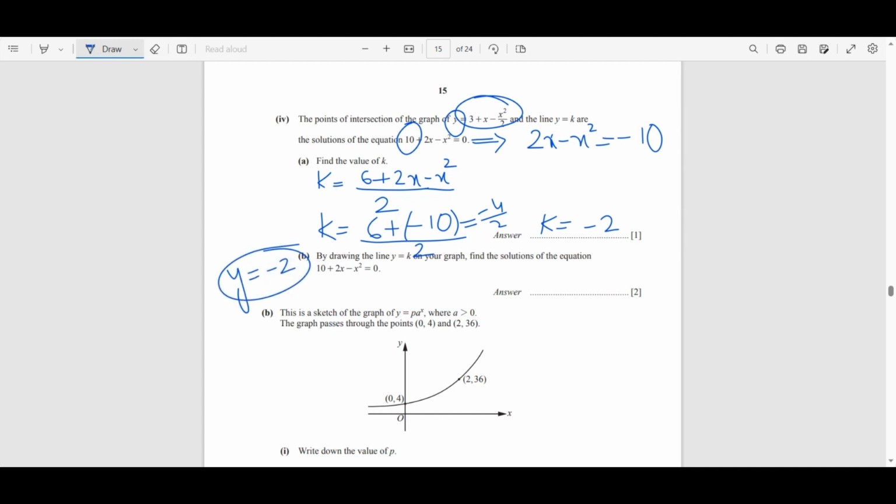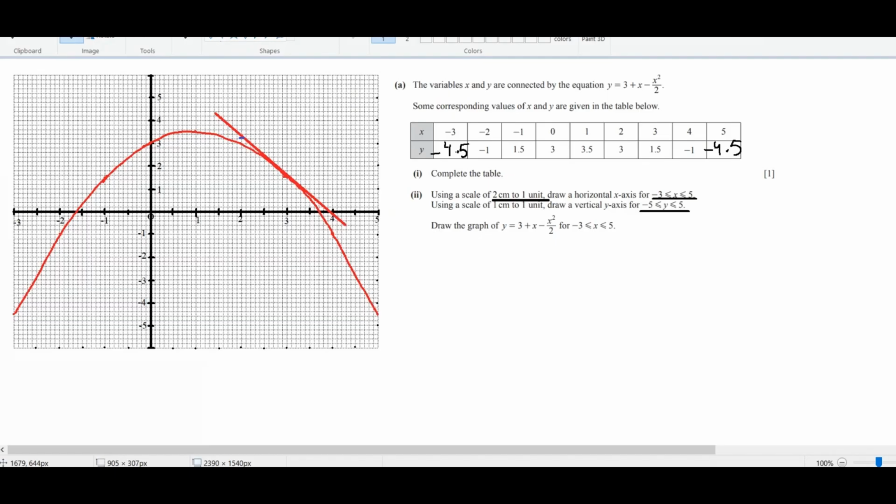Alright, by drawing y is equal to k, which means y is equal to minus 2, we need to draw this on the graph and find the solution. So we need to plot y is equal to negative 2. Y equals negative 2 is right here.